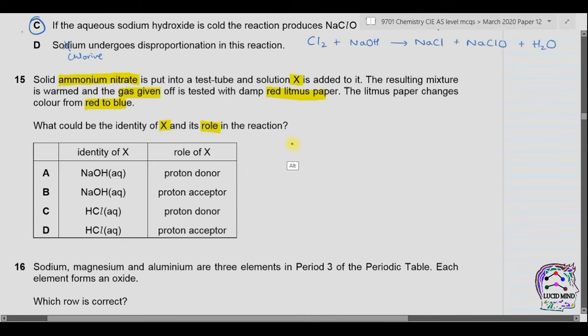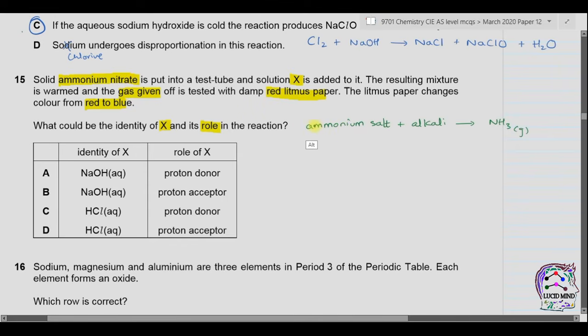So let's see. In order to solve this question, you should know about one chemical reaction. Always remember that ammonium salt plus alkali always produces ammonia gas. Any ammonium salt, when it reacts with alkali, produces ammonia in the form of gas.